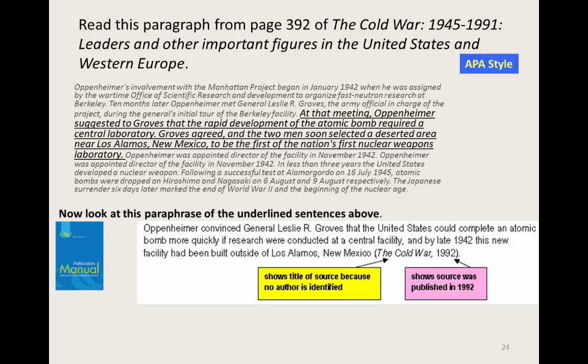Then we have our parentheses, (The Cold War, 1992), and then the period after that. So The Cold War shows the title of the source because no author is identified. Notice that we've italicized that in our parenthetical citation. And then 1992 shows that the source was published in 1992. And notice we're not specifying the page number because we're not quoting.